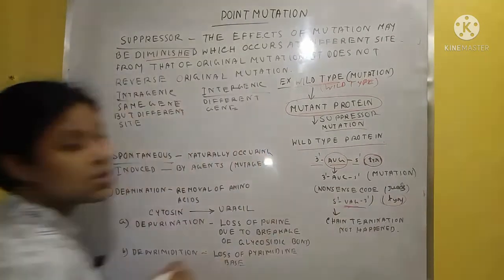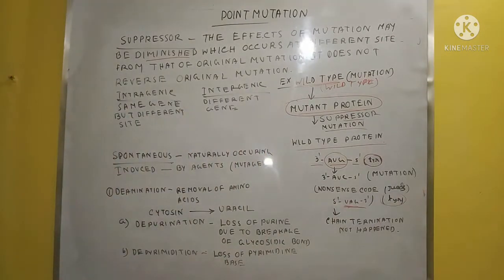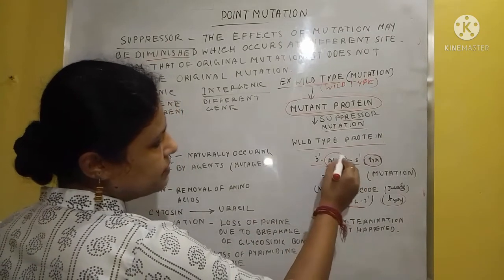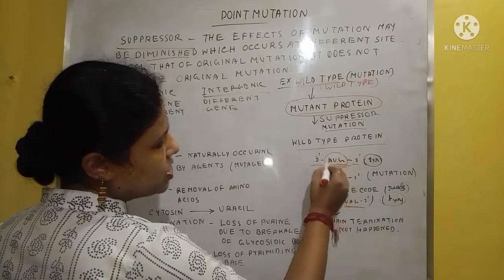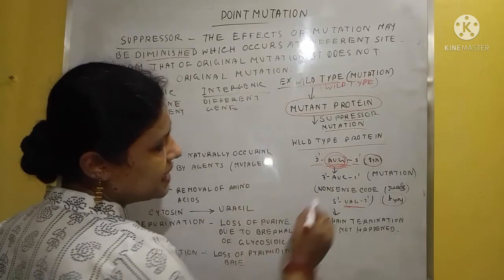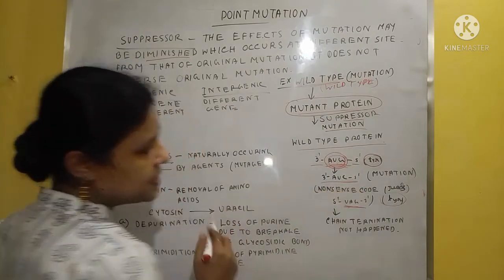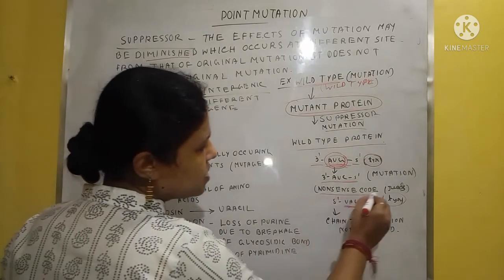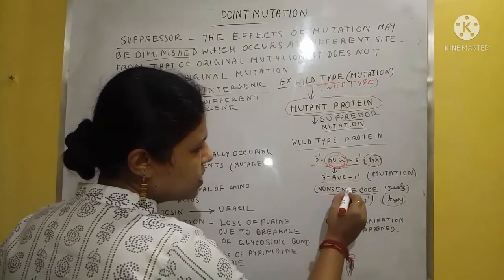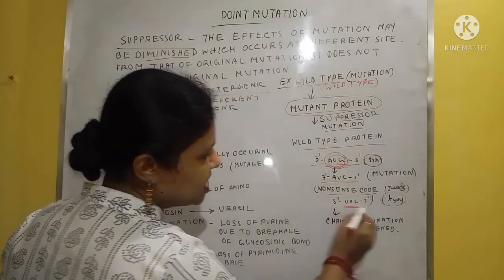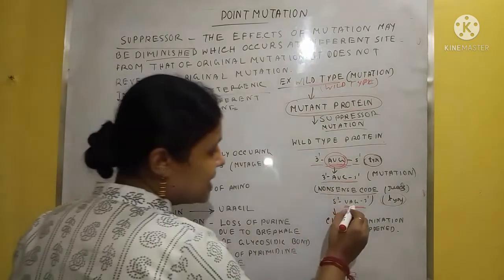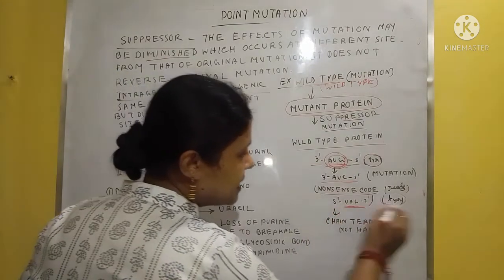The mutation is occurring here, and as a result 3' AUC is formed, but it reads the nonsense code UAG, and that is recognized by tyrosine.